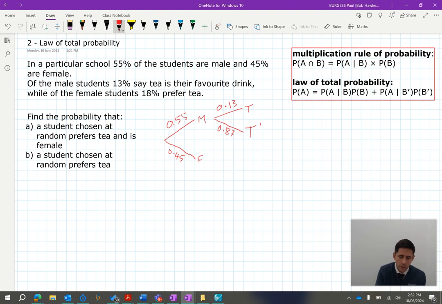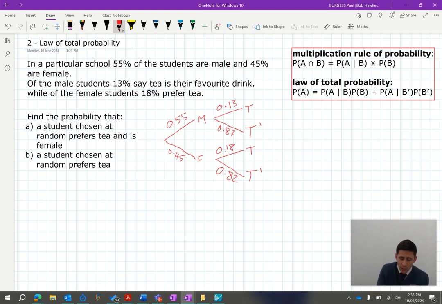For females, there's a slightly higher probability that you like tea in this particular school. Females that prefer tea are 18%, so that's 0.18 on that branch, and those who don't prefer tea is 0.82.